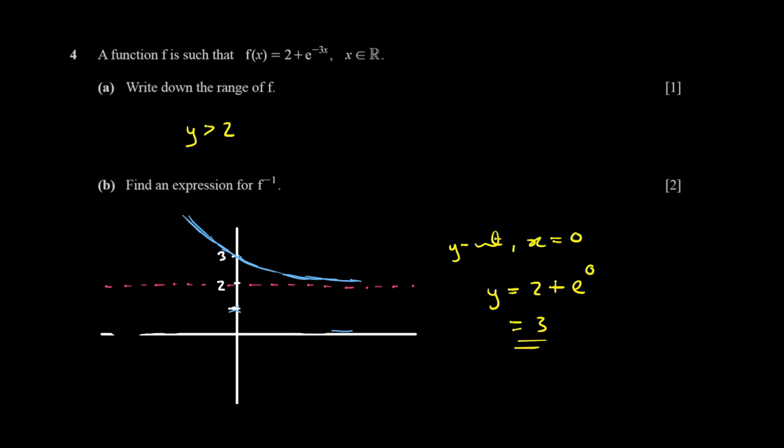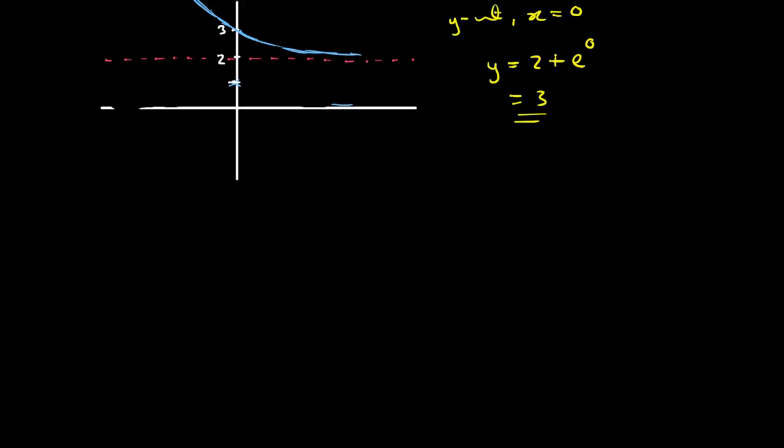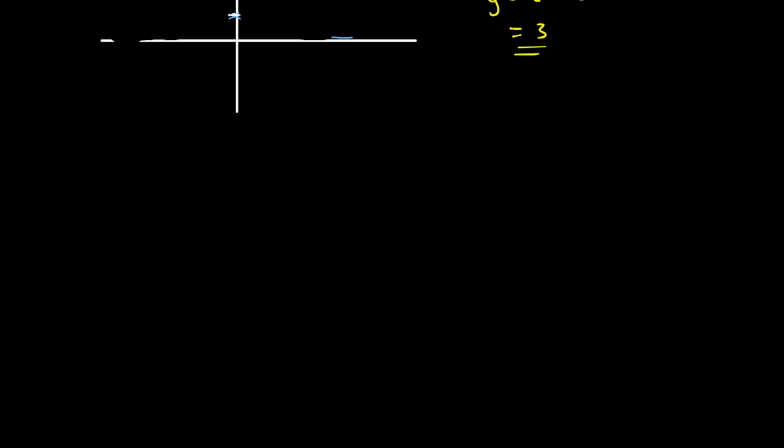Okay, then part B, we want to find an expression for the inverse. How are we going to do that? Basically, we take our function y equals 2 plus e to the negative 3x, and we rearrange it to make x the subject. So we get y minus 2 is equal to e to the negative 3x. We do the natural log of both sides.